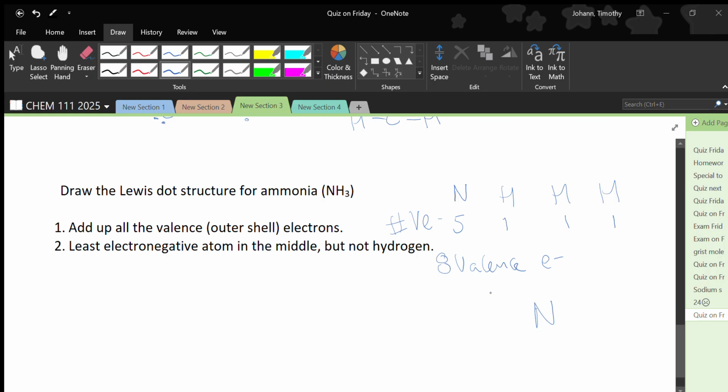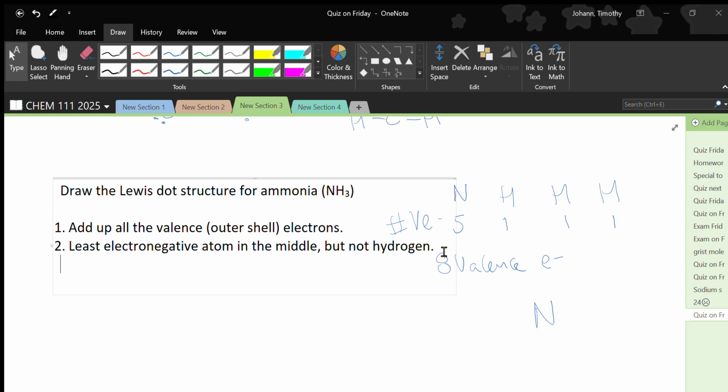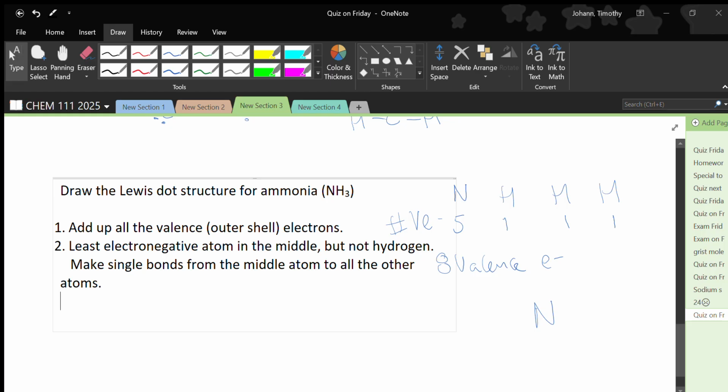All right, make single bonds. This wasn't actually listed, I think, in your book's directions, but you've got to make single bonds from the middle atom to all the other atoms. So I'm going to go 1, 2, 3 to my hydrogens.